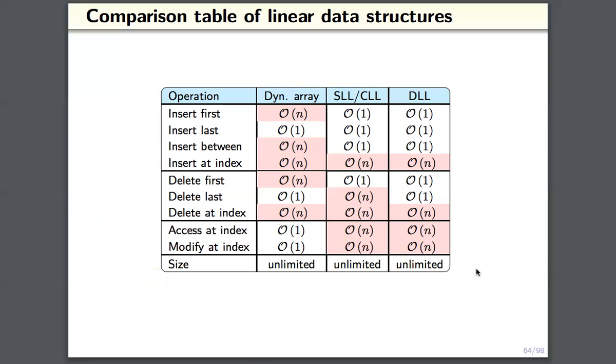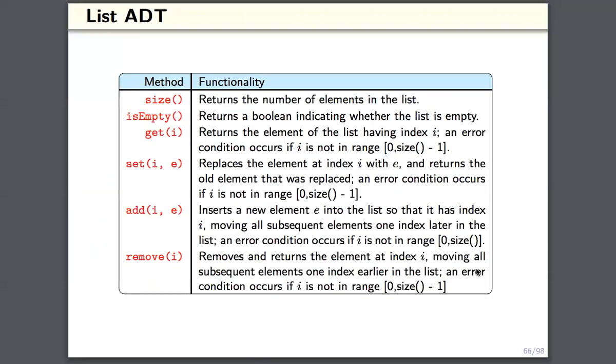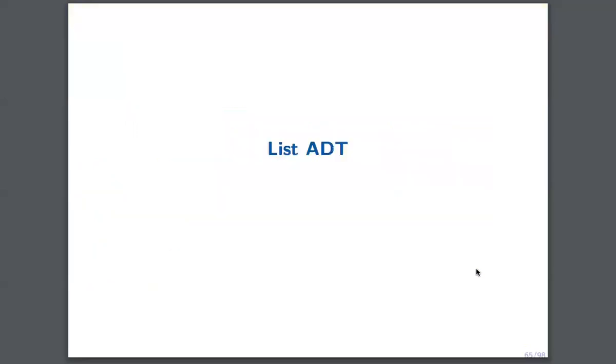Okay, next, let's move to list. What is the difference between ADT and a data structure? Before we go to list, let's think about the difference between ADT and data structures. Did we discuss this before?